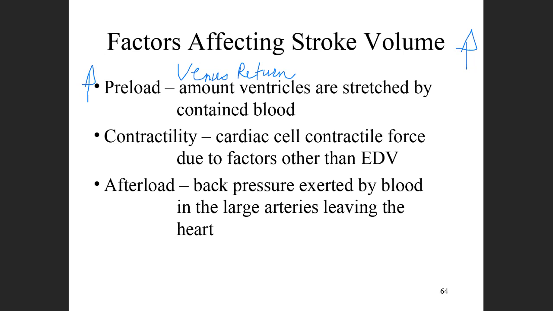There's an optimal sarcomere length for maximum contraction, because of the striation and the constraint of actin and myosin sliding past each other. Well, it turns out that cardiac muscle also has striation and is also subject to the length-tension relationship.